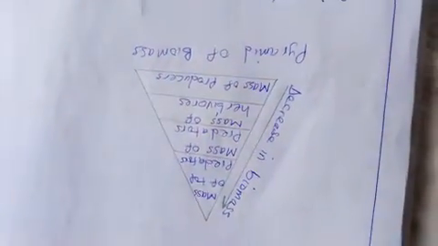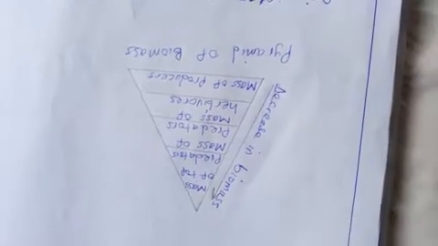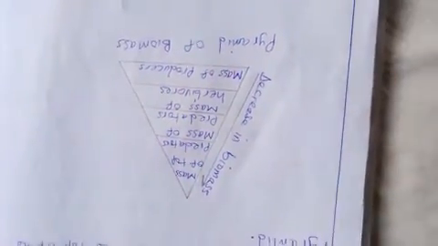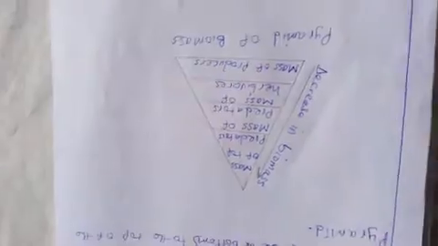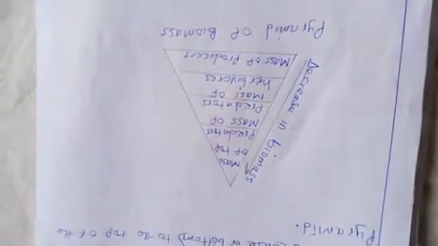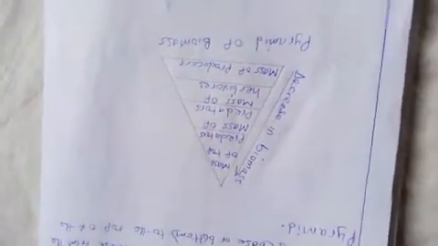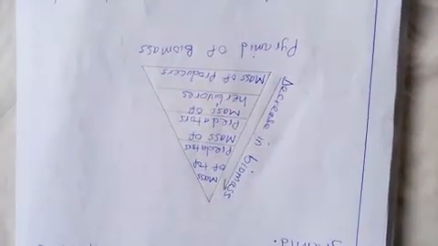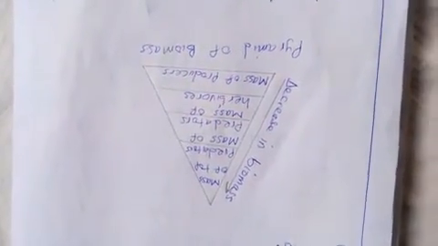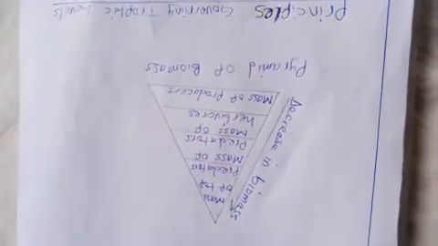Look at this diagram: the mass of producers, the mass of herbivores, the mass of predators, the mass of the top predators. And this biomass decreases from the producers to the top predators.